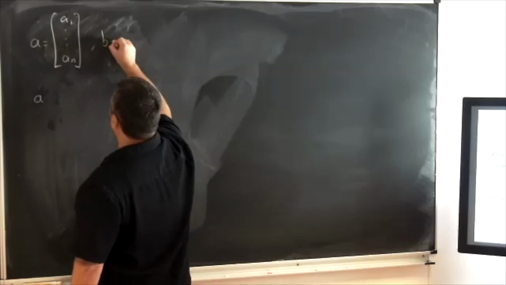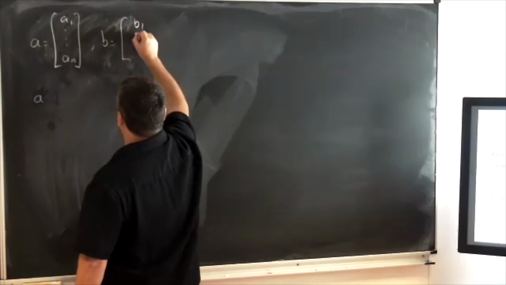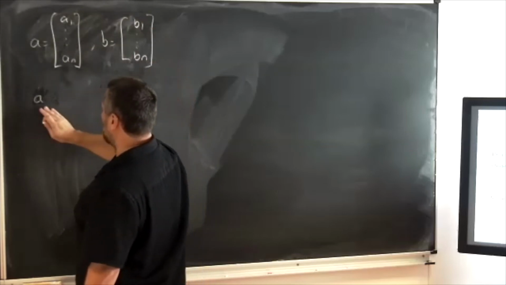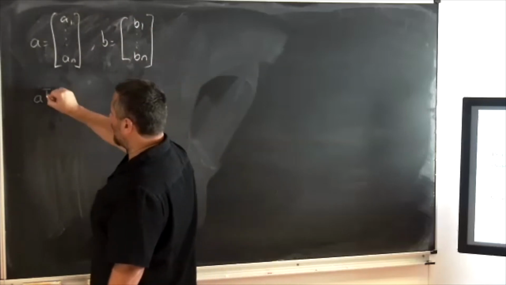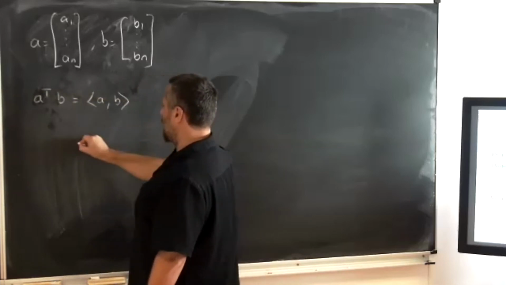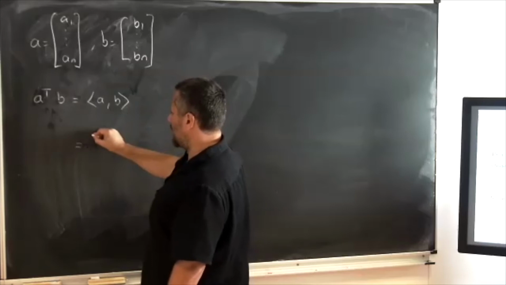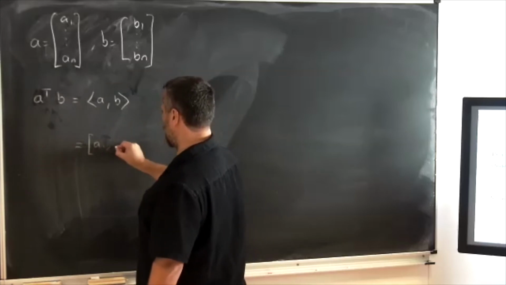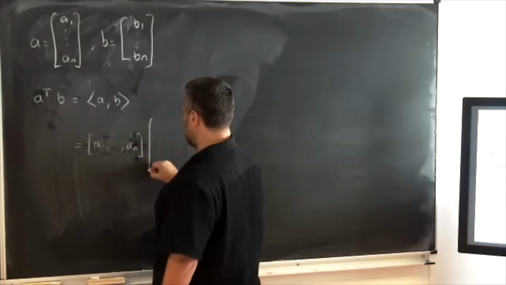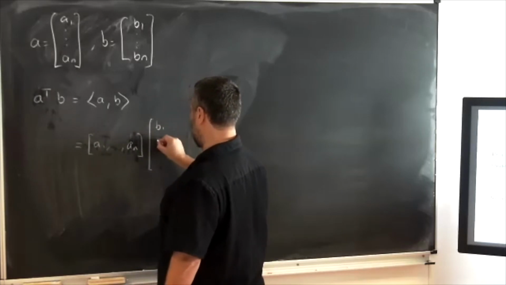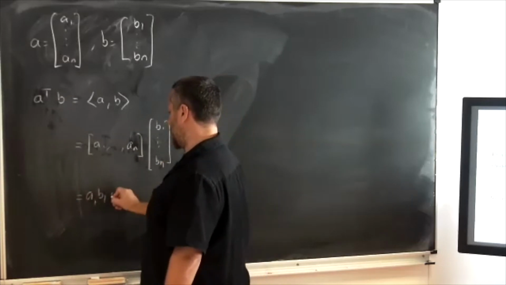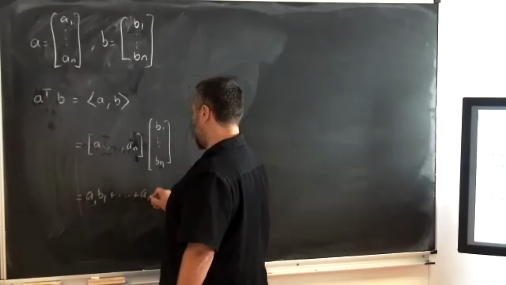Then A transpose B is just the inner product of A and B, which is just a matrix multiplication. If you transpose this and then multiply it with this one, you will have A1 B1 plus up to An Bn.